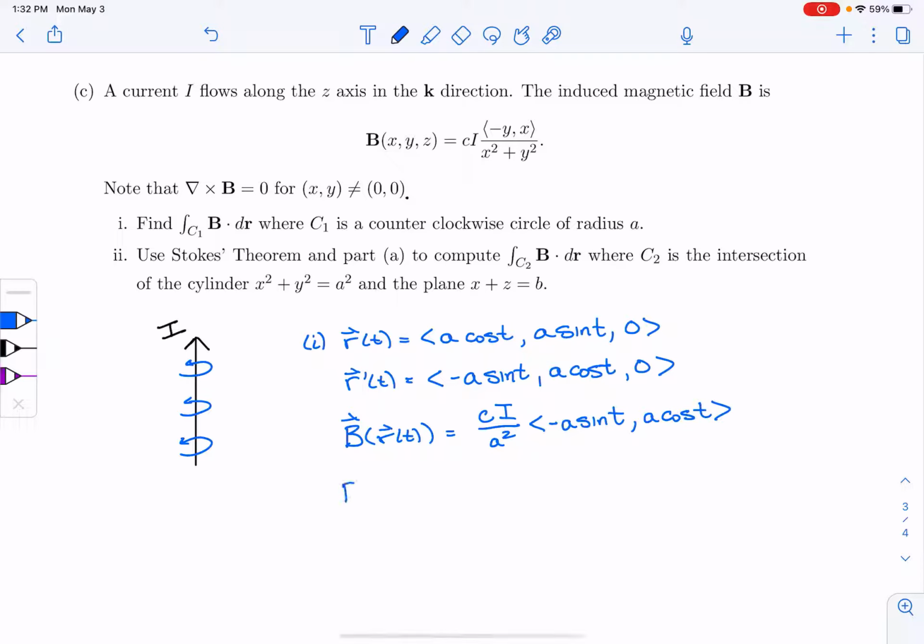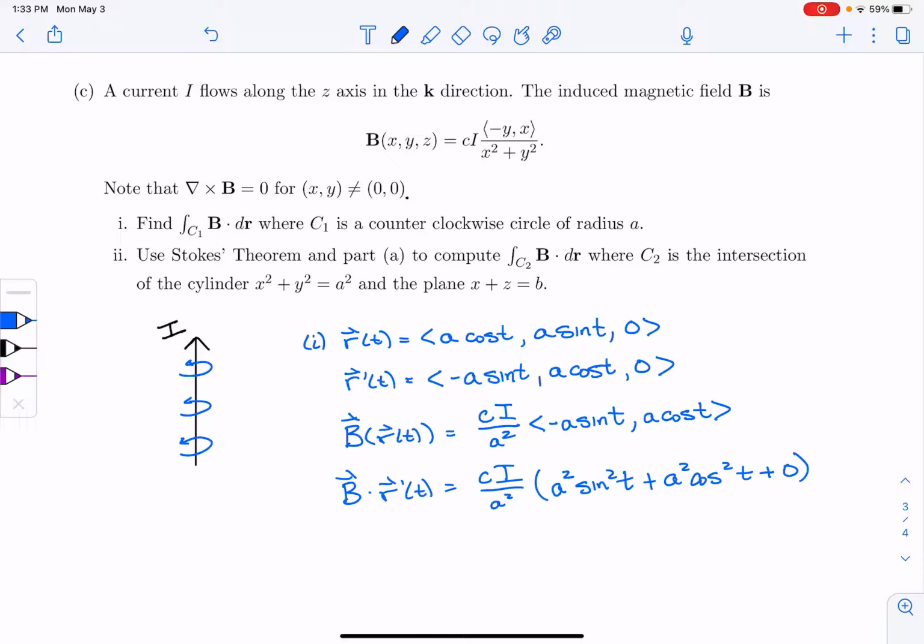Now we can look at B dot R prime of t. So that's going to be Ci over a squared, and then times, okay, our B dot R prime is going to give me an a squared sine squared t plus a squared cosine squared t plus 0.